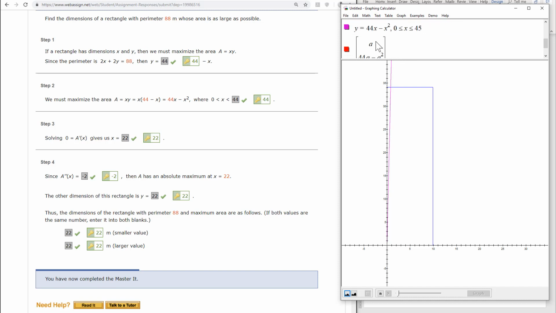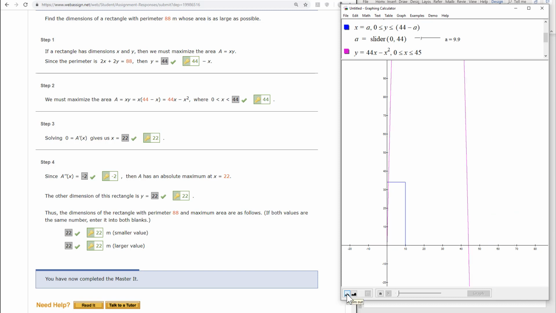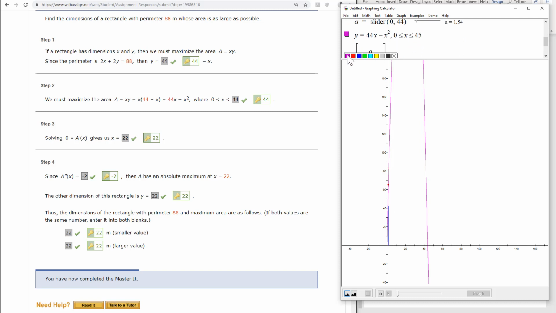That's the area function, whatever value of a and then the y value of 44a minus a squared. To actually see that, I need to zoom out just a little bit more so we can find the point on the graph. If you look at the point on the graph, let's make this dark. We can see that the graph over here describes the area.